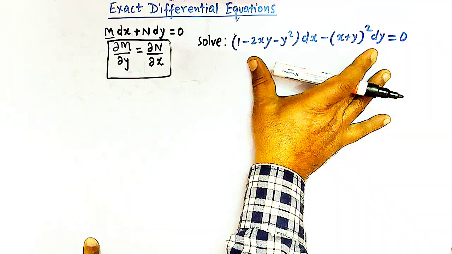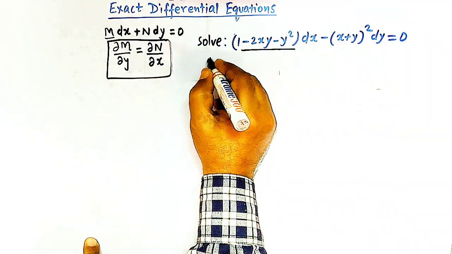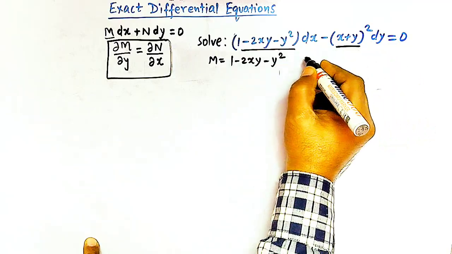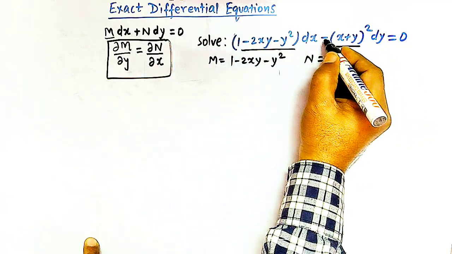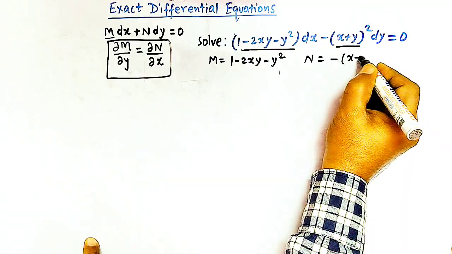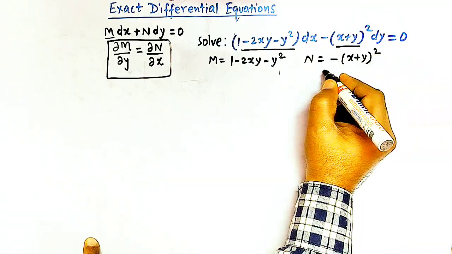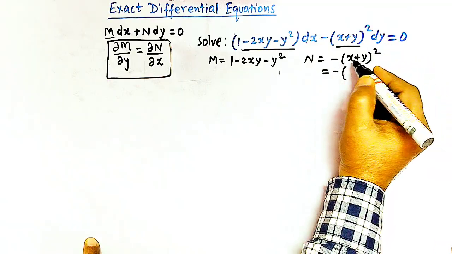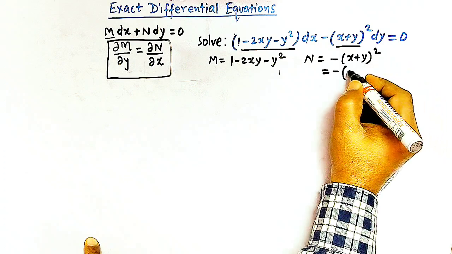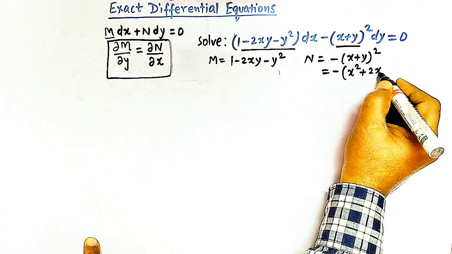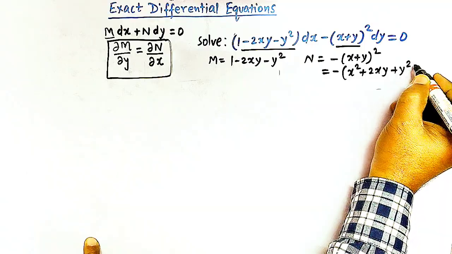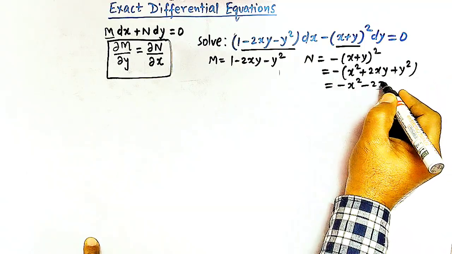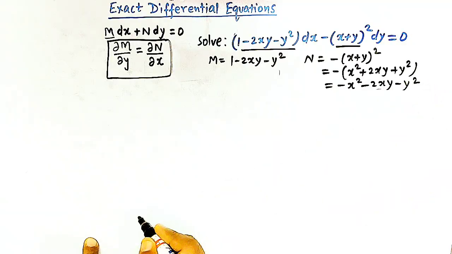So comparing this equation with this one, the value of m is 1 minus 2xy minus y square, and n is given by negative of x plus y whole square, and this can be now written as, expanding it with the help of the identity a plus b whole square, we have x square plus 2xy plus y square, and multiplying these terms by negative sign, we have minus x square minus 2xy minus y square, right?